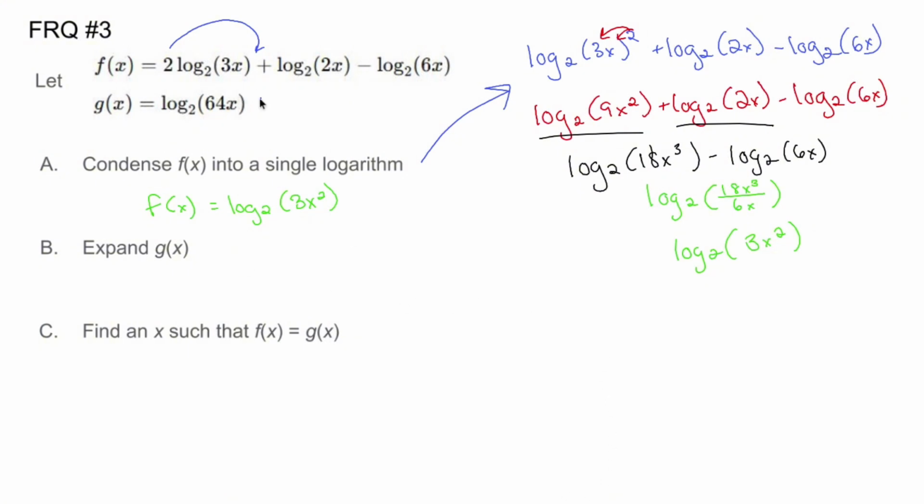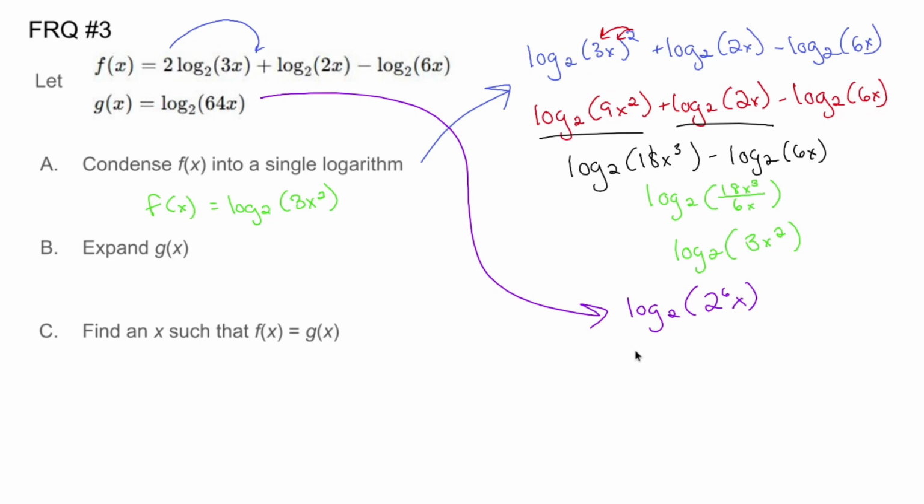So let's take g of x, move it down here, and say log base 2 of 64x. Well, if I'm going to rip stuff apart, I'm probably going to do the opposite of turning a coefficient into an exponent, and take an exponent and turn it into a coefficient. 64 is 2 to the 6th power, and then I have x just lingering there.